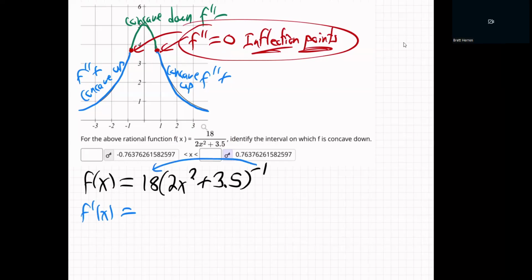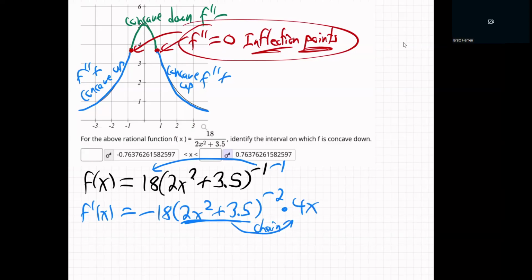So the negative 1 comes on down. Negative 18, that wasn't very clean. Negative 18, 2x squared plus 3 to the minus 2, subtract 1, right? Times, right, chain rule, derivative of the inside, so that'd be 4x.